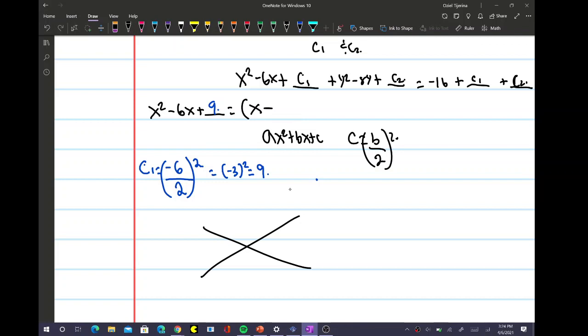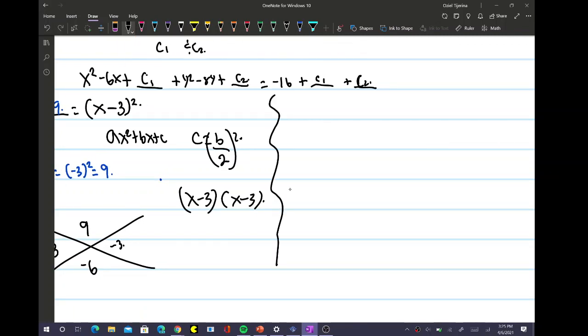That's what a perfect square trinomial is. So if we factor this, we have 1 times 9, and then we do negative 6. So we have negative 3 and negative 3. So then we have x minus 3 times x minus 3, so it's equal to x minus 3 quantity squared.